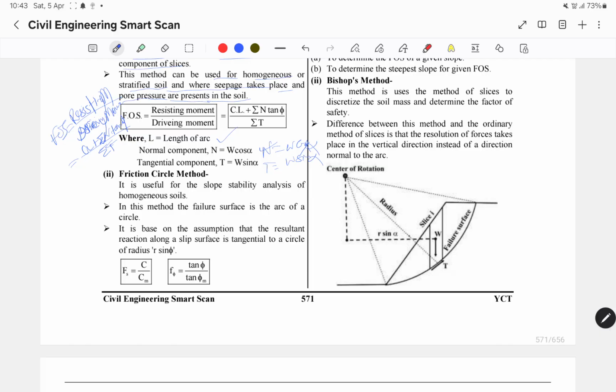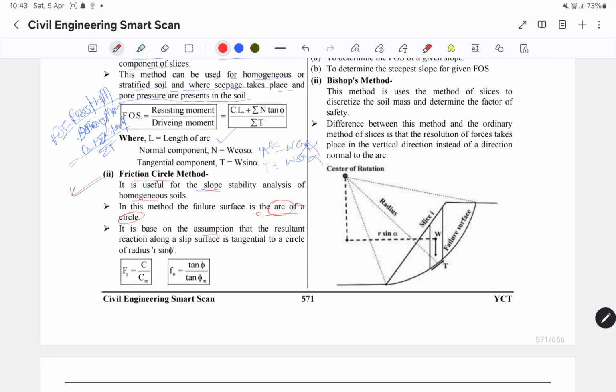Friction circle method. It is useful for slope stability analysis of homogeneous soil. In this method, the failure surface is the arc of a circle.